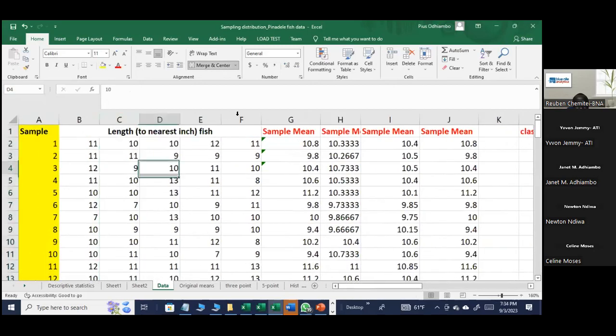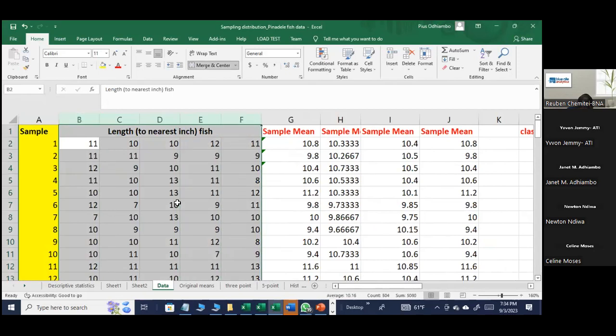Starting from this, we are taking 5 fish, and then we get the mean. We have the mean here. Once you have now all this, when you put this data into a histogram, it appears normal. So you are moving from the raw data to the means, and we are saying the means is normal.